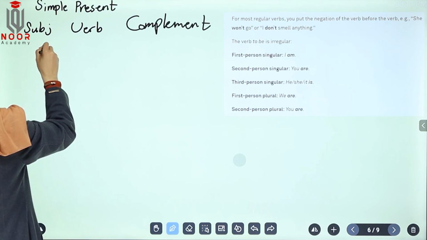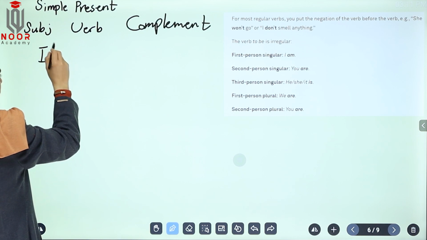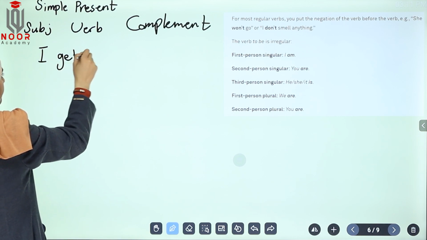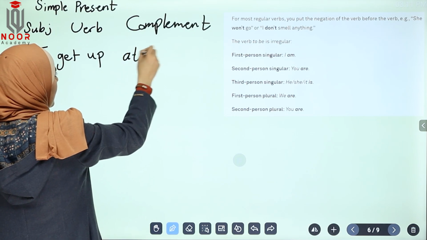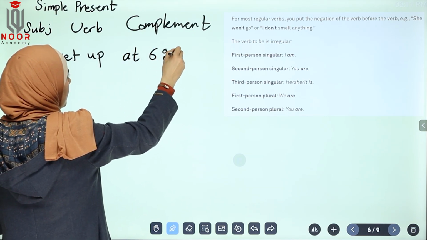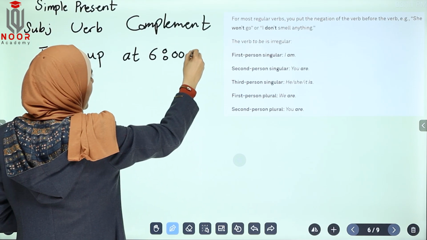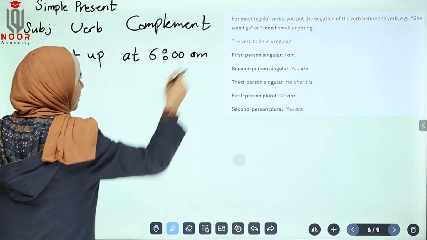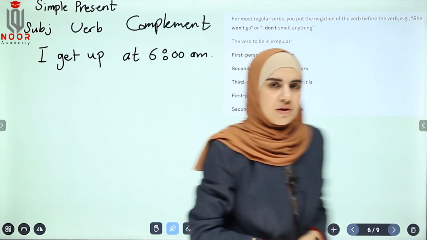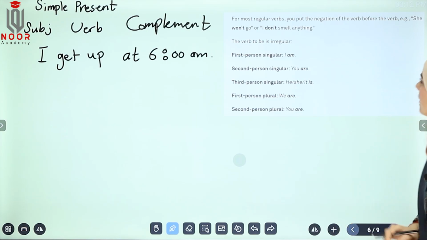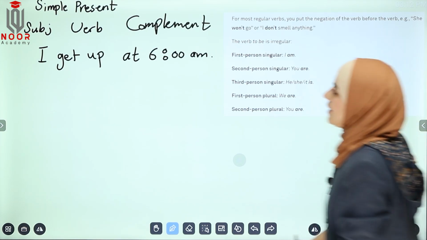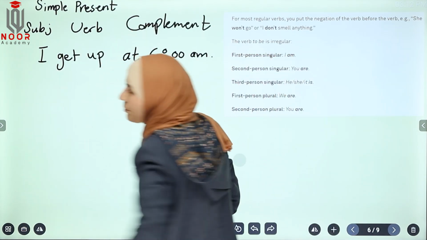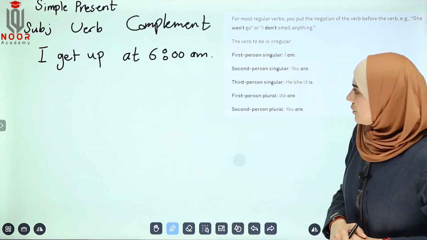I, for example, get up at 6 o'clock a.m. every day. This is a sentence. How do we know that this is a sentence? Because it starts with a subject, here a first person pronoun.